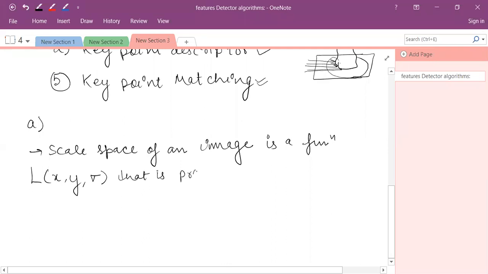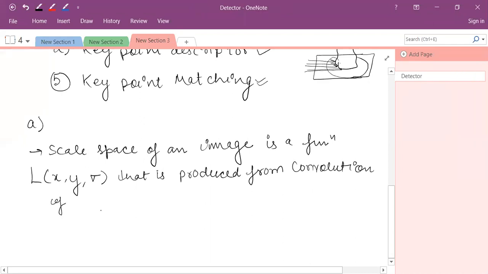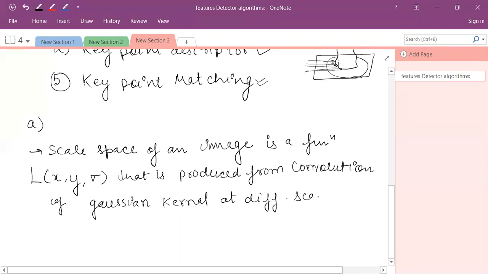And that is produced from the convolution of the Gaussian kernel filter at different scales. So now from this definition, you can understand what I'm trying to say from the octave diagram.